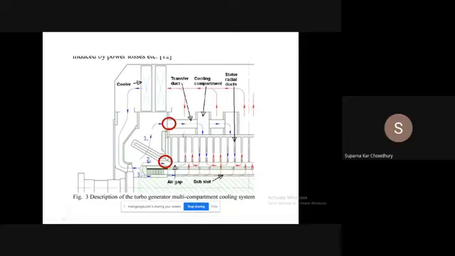Another thing, when you go for high voltage, you will see there is a phenomenon called corona. I am not going into details; you will study it in high voltage classes. But for these large machines at high voltages, there will be corona.